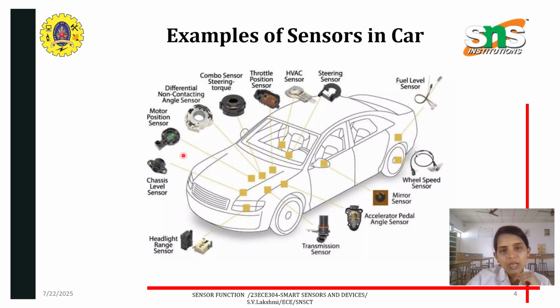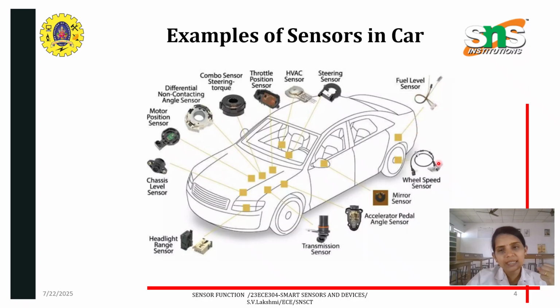Here are the different sensors in a car: the chassis level sensor, which indicates the level of the engine, the motion position sensor, the differential non-contact angle sensor, steering sensor, throttle position sensor, HVAC sensor, fuel level sensor, wheel speed sensor, mirror sensor, accelerator pedal angle sensor, transmission sensor, etc. These are the different types of sensors which perform various functions in a car system.